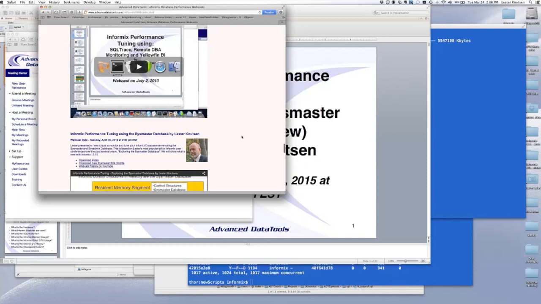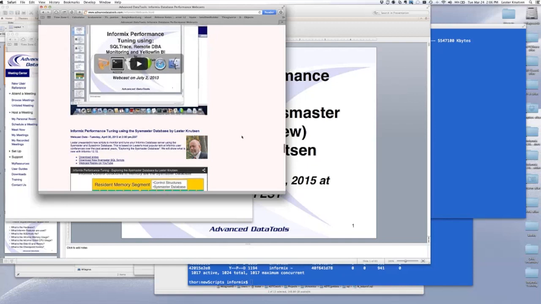I've actually got a new script for that I'm really pleased with. It's much better than the old one I have. I've got a new script for identifying tables that have sequential scans, and a script for identifying where your logical logs are.